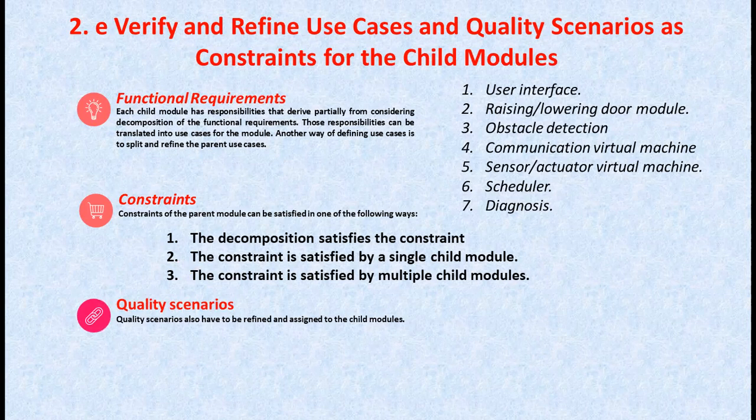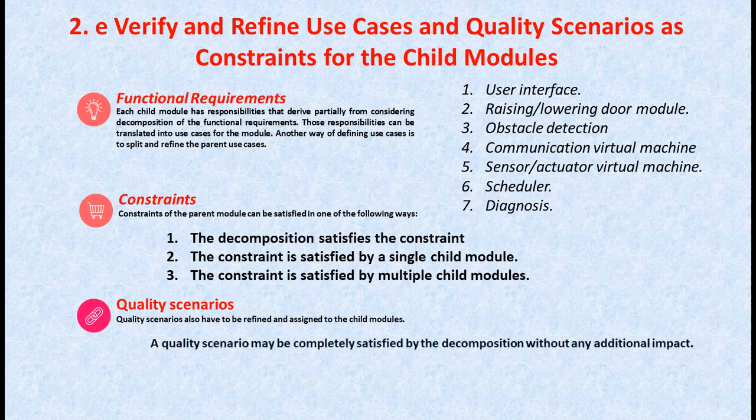Here quality scenarios also have to be refined and assigned to the child modules. A quality scenario may be completely satisfied by the decomposition without any additional impact, so it can then be marked as satisfied.